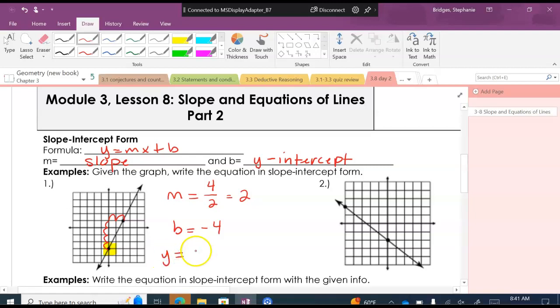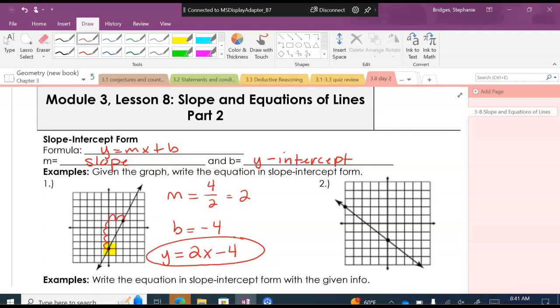So y equals, but instead of m, I'm putting 2x, and then my b is a -4, so should I write it as plus a negative or just write it as minus? Just minus. And that's all I'm asked to do there, using that picture, writing my equation in slope-intercept form.